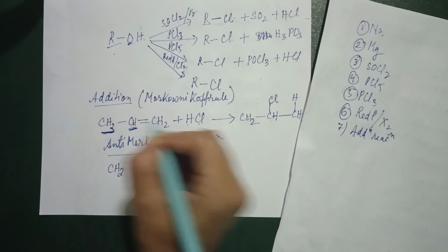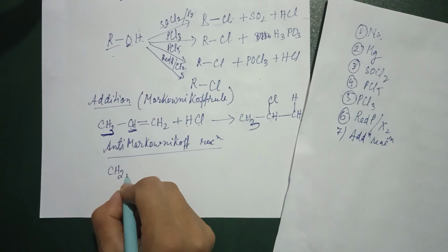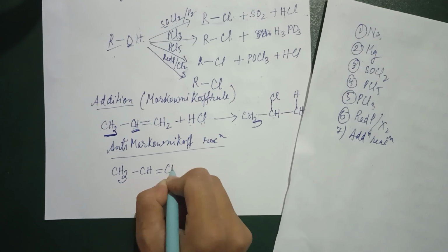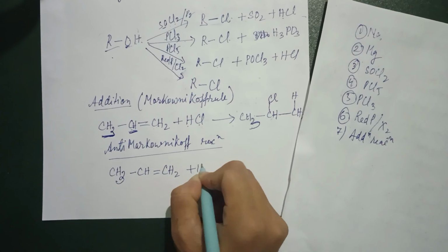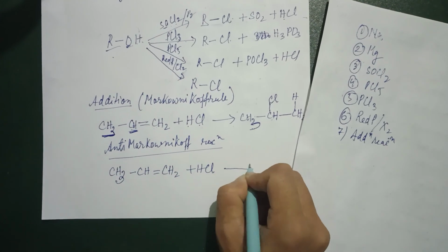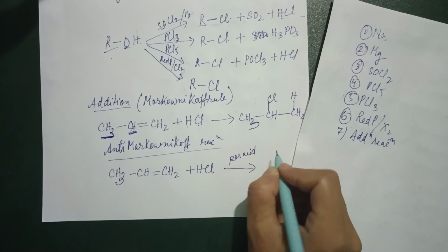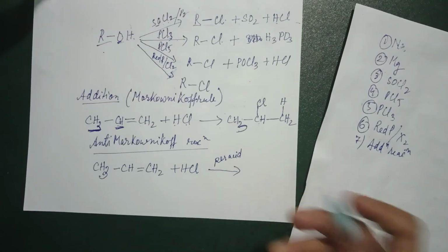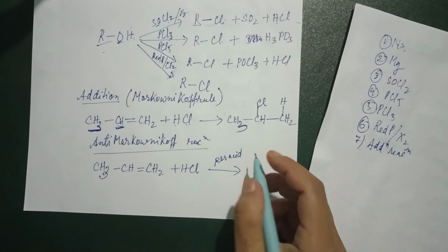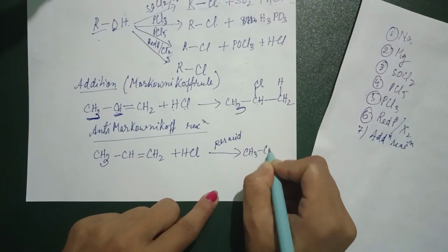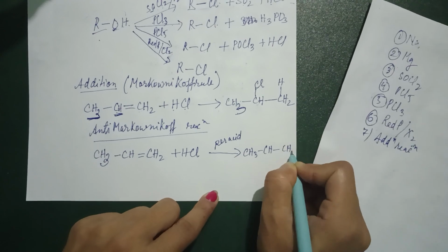This is CH3, there was a mistake here. How to differentiate between Markovnikov and anti-Markovnikov is easy. In the case of anti-Markovnikov, there will always be a peracid or peroxide, such as hydrogen peroxide or perbenzoic acid. The multiple bond changes into a single bond, no doubt.